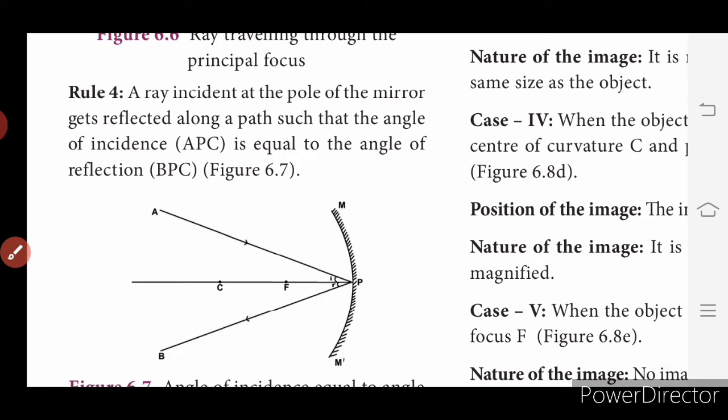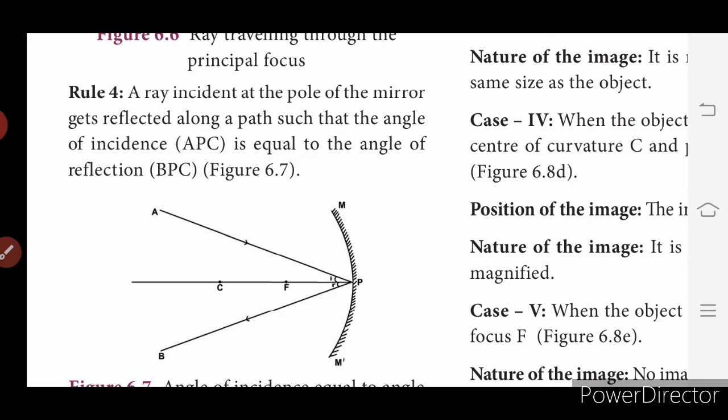So what is the first rule? The ray bounces back along the same path. Then the second rule: a ray parallel to the principal axis passes through the principal focus. In the third rule, when it passes through the principal focus, it is reflected back parallel to the principal axis.